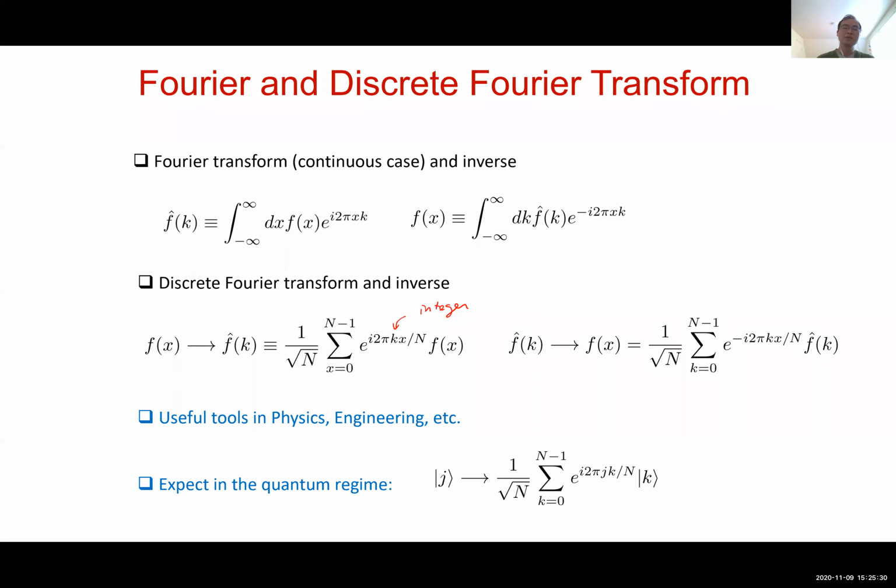But if we want to talk about quantum, what we want is to take j, which is in some sense x, and go to a k. In this particular form, you expect to have this, representing the right-hand side in terms of a quantum state.